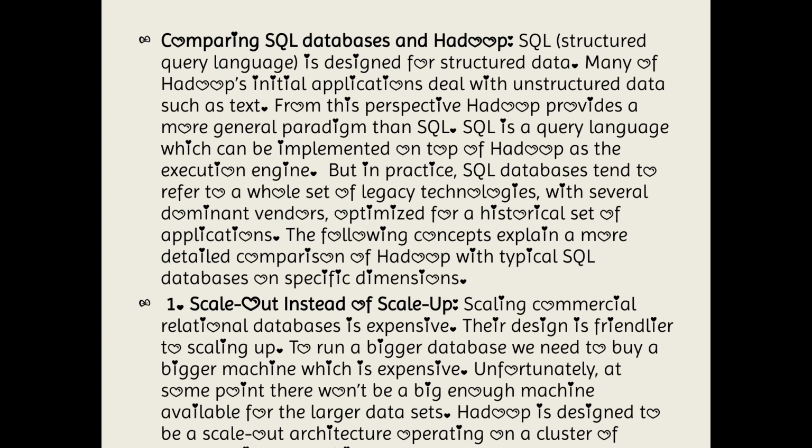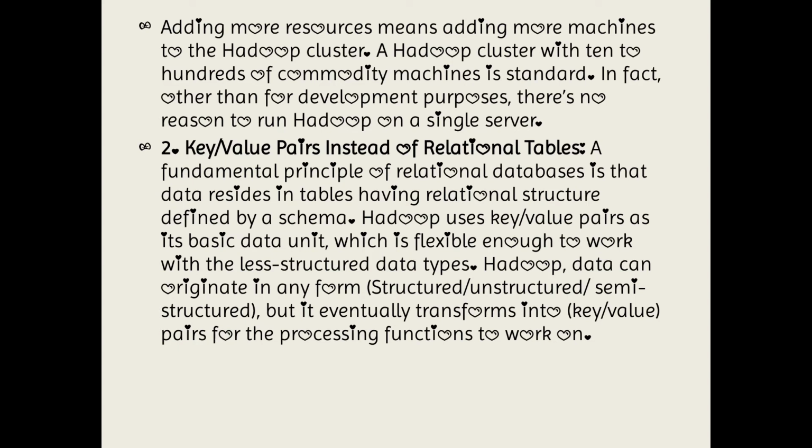Now the second point, key value pairs instead of relational tables. See here in databases, how we write a query using SQL: we create a table, and after creating the table we insert the information in that table. So that is about relational tables. Whereas for Hadoop we write key value pairs. In the first unit we learnt about maps.